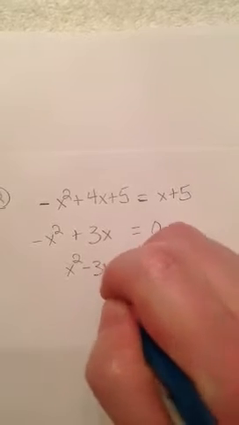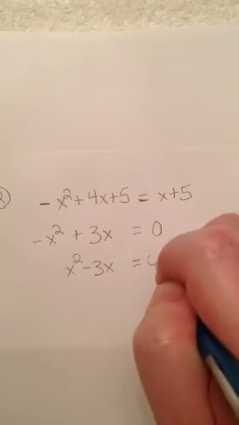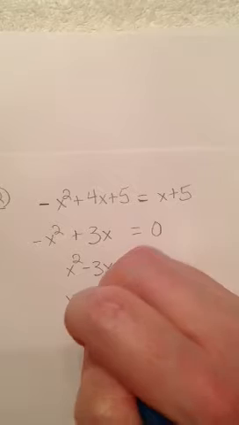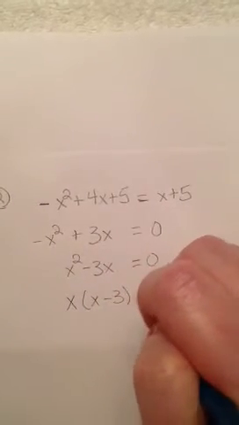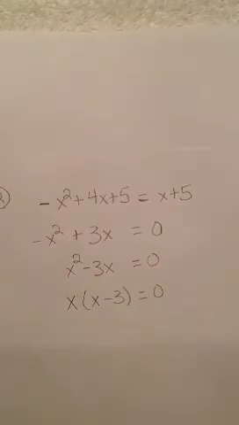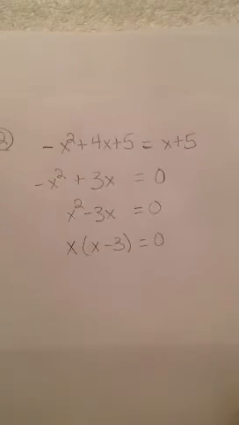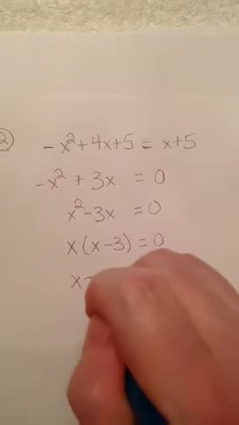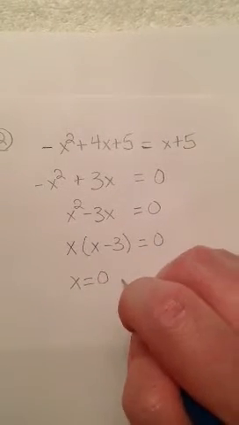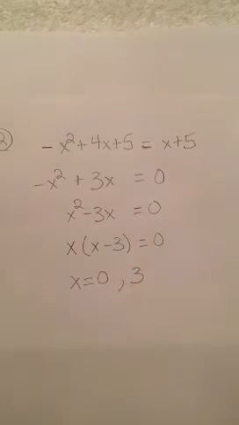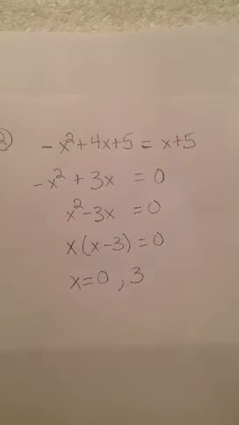So we can say we have x squared minus 3x is equal to 0. And factoring and using the zero product property, the values of x will be 0 and 3.